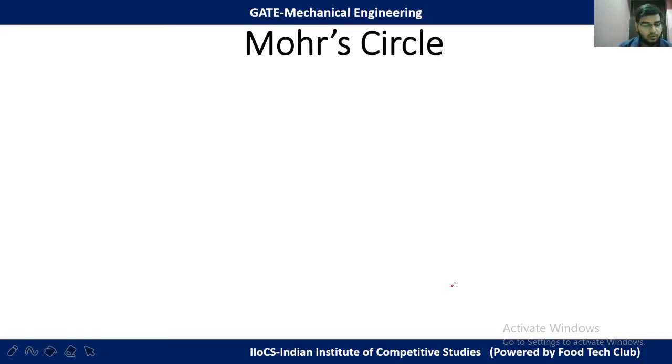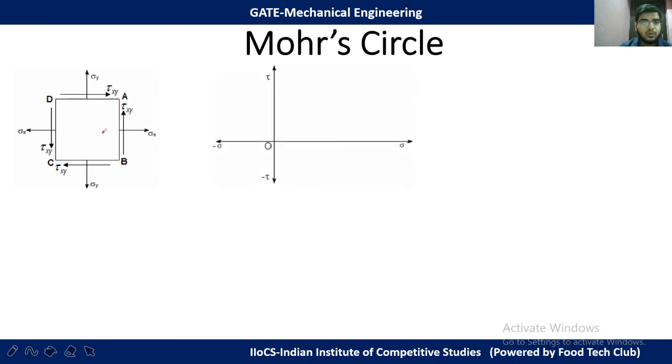Now let's come to Mohr circle. If we are given a biaxial stress system like this, we have seen it in earlier slides also. So this we have found, the normal stresses, shear stress for a particular plane at theta angle in the form of equation, that is called analytical method.